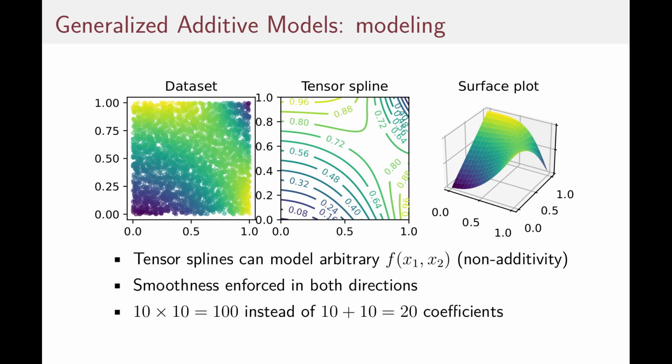Like, say you're modeling, again, house prices. You could add a spline for the square meters of the house, and then you could add a tensor spline over latitude and longitude, and that could pick up the geographical effects. That would be a quite sensible model for something like house prices.